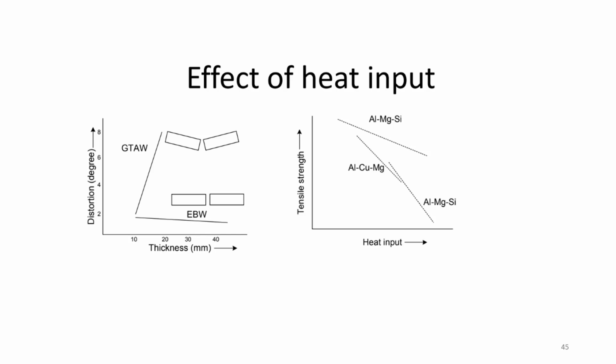Effect of heat input: there is distortion as well with increasing thickness. So in case of gas tungsten arc welding, you have more distortion compared to electron beam welding, and the tensile strength keeps on decreasing with increasing heat input.